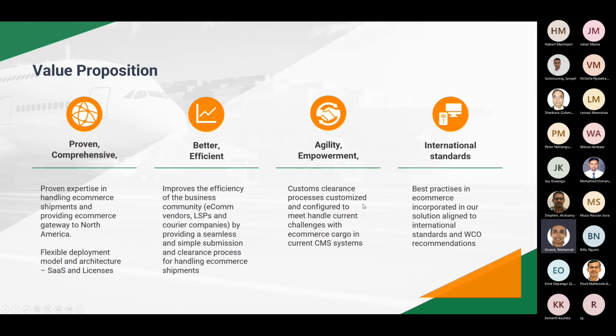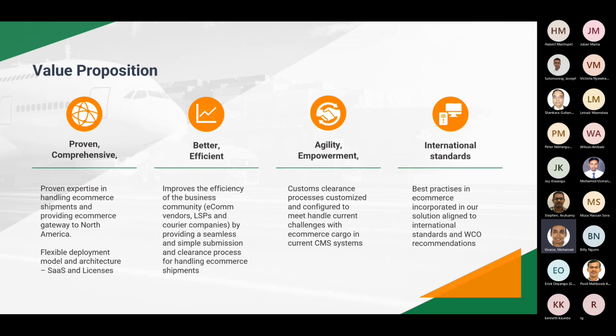So in terms of value proposition, one is a proven solution that we have. We have implemented something similar in North America for e-commerce types of shipments. Better and efficient: this is in terms of having a streamlined, simplified process of clearing e-commerce goods and handling e-commerce shipments.